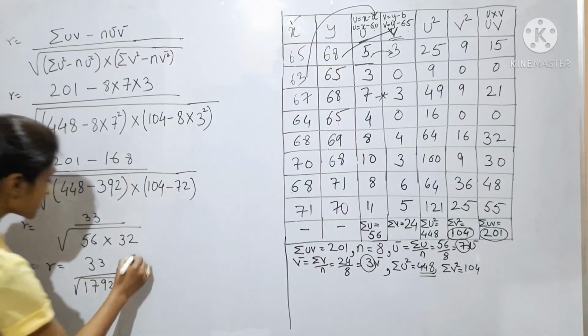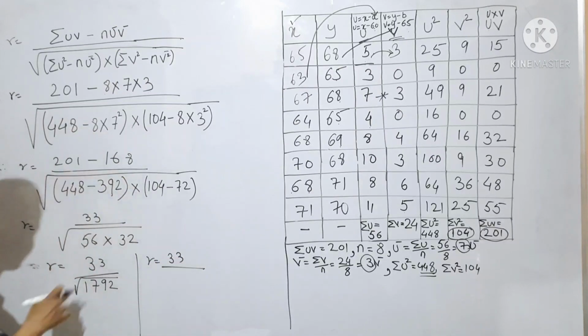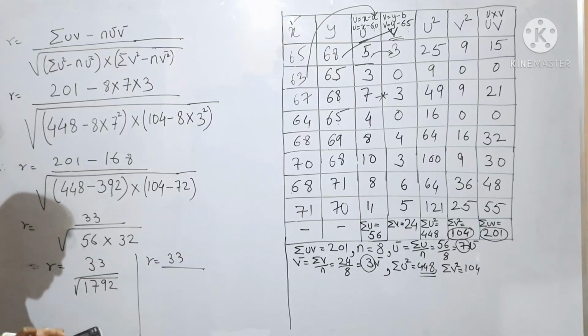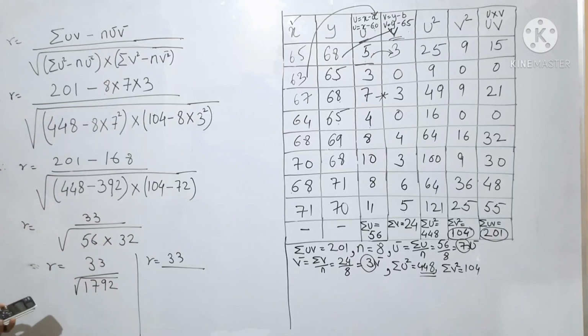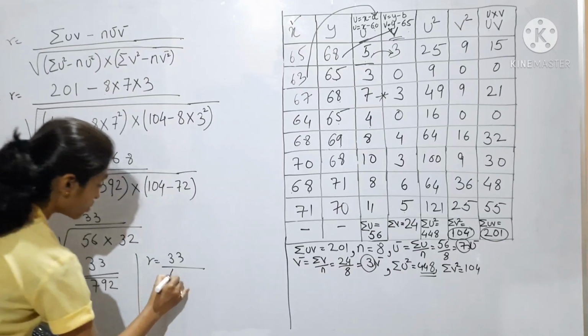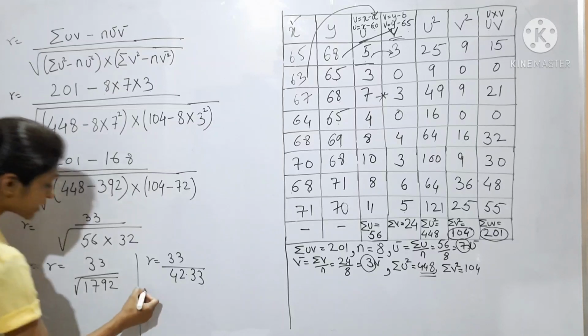So next, R is equal to 33 over the square root of 1792. Find the square root of 1792. The answer you get is 42.33.